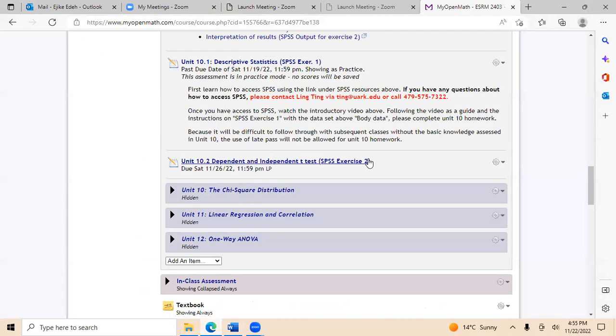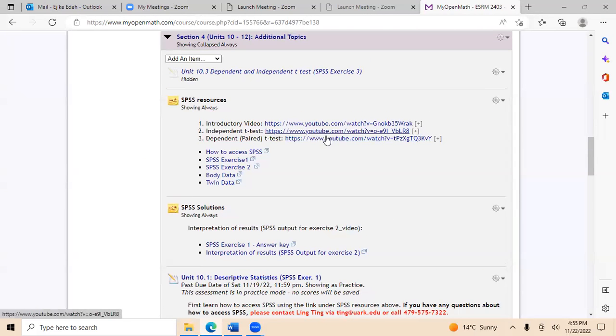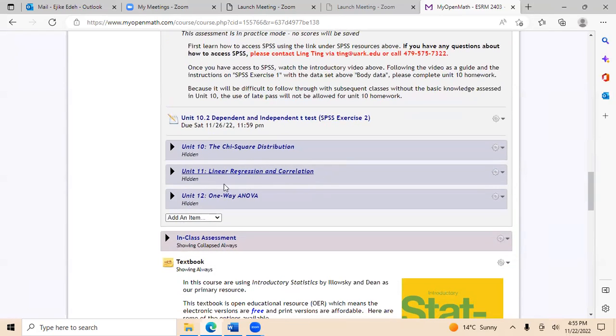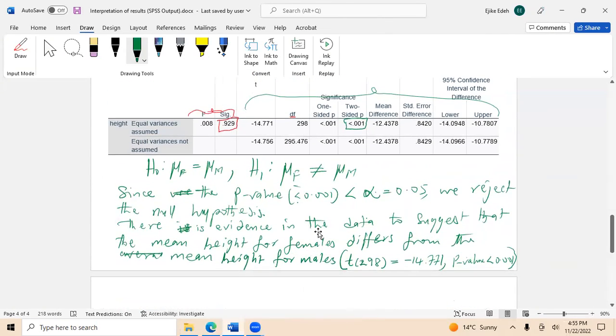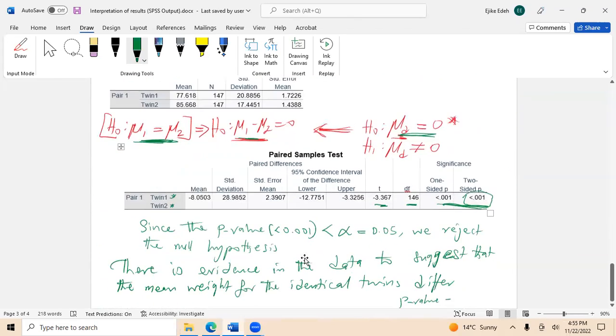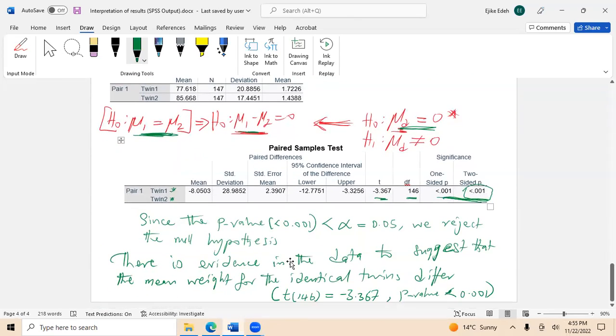So again, if you go to the website, these two videos tell you how to do that. And if you follow this exercise, you're going to generate the tables I'm interpreting right now. What you're expected to do in exercise 2 is just to generate those two tables and upload them here. Exercise 3 tests your understanding of the interpretation I've just given here. Okay, so I hope that helps.